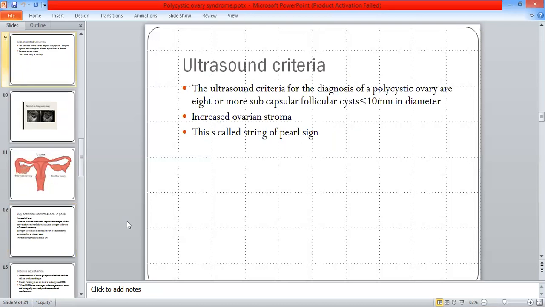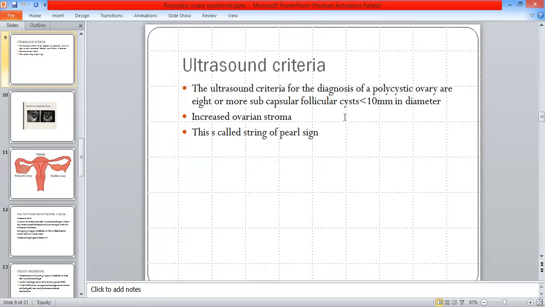Now, the ultrasound criteria. How will we say that an ovary has a polycystic appearance? The ultrasound criteria for the diagnosis of a polycystic ovary are 8 or more, up to 10, subcapsular follicular cysts, small cysts less than 10 millimeters in diameter, and increased ovarian stroma.